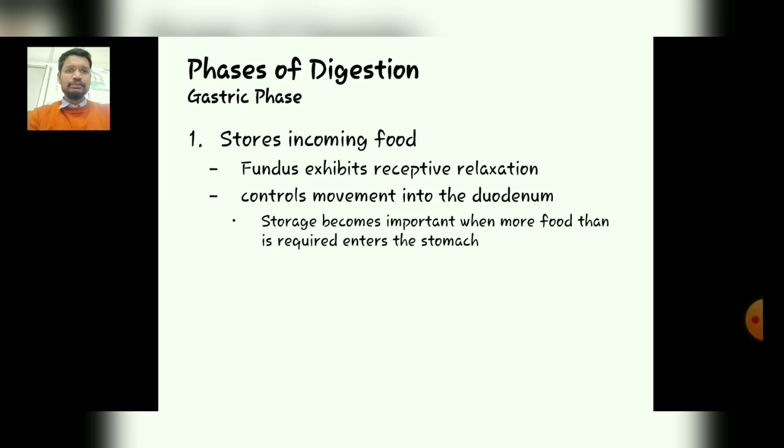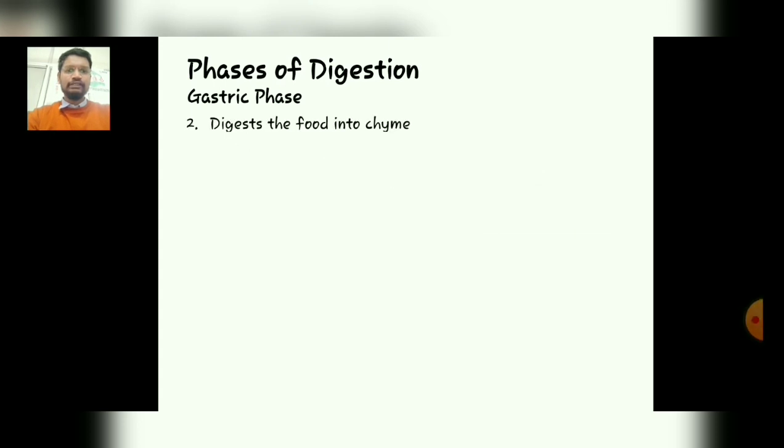The storage becomes important when more food is required and enters the stomach. Also, too much food in the duodenum would spell colonic disaster.